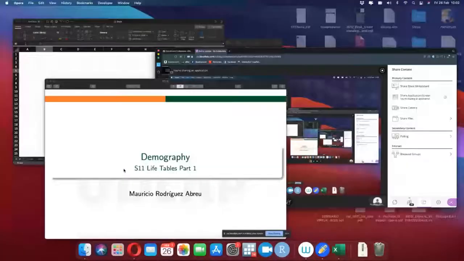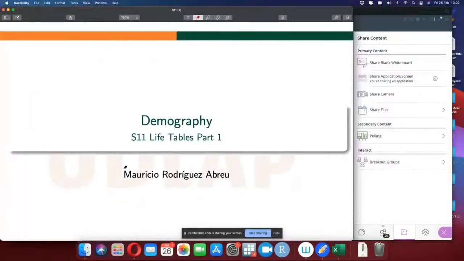As I told you last week, we are going to start talking about life tables, and it's not going to be that long, but we're going to be discussing life tables this morning, tomorrow, and after tomorrow you will have all the elements to work on your submission for March 14, I believe that's the day.